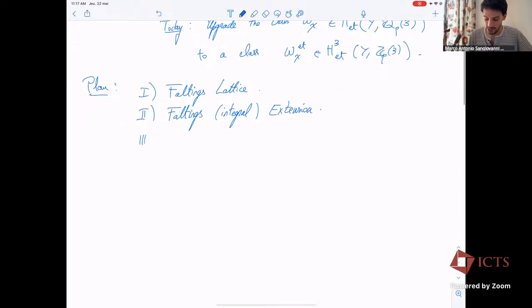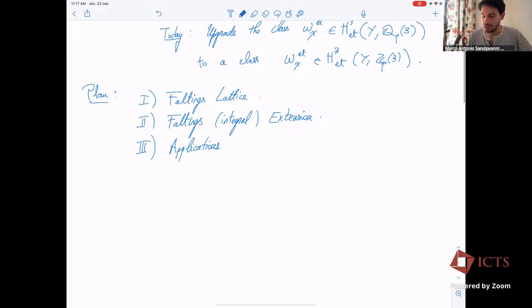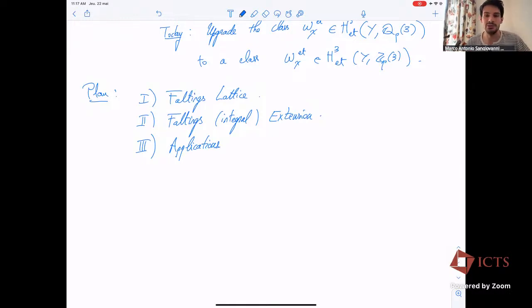And then finally, I will give the applications, not only to upgrade the class, but also talk a little bit about the applications of the Euler system that we built using these classes, and maybe, if I have time, also about what this general framework of the integral Faltings extension allows you to prove when it comes to generalizing Oda's theorem for more general Shimura varieties. But this I don't know if I will have time to talk about. In any case, this will be the most technical talk.